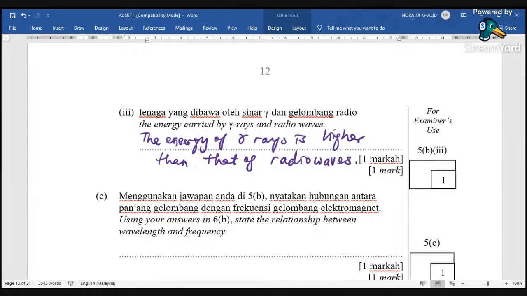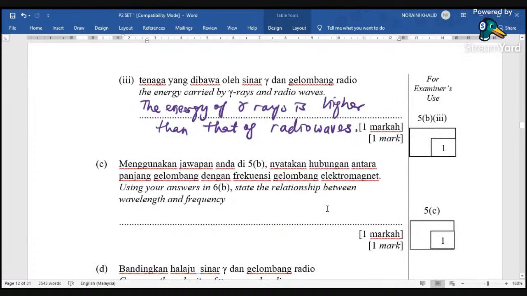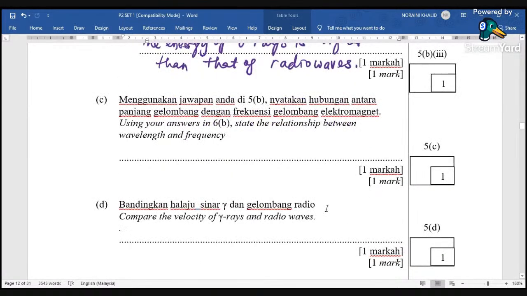Okay, and then using your answers in 6b, state the relationship between wavelength and frequency.